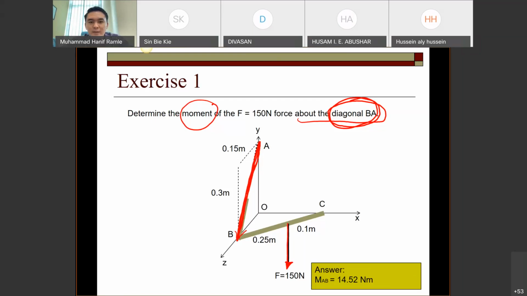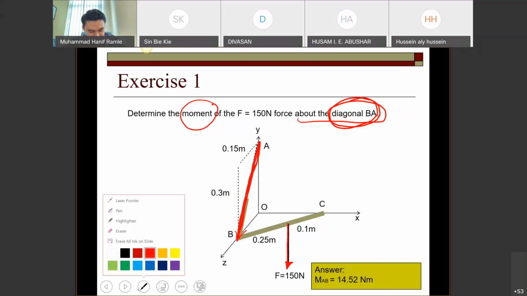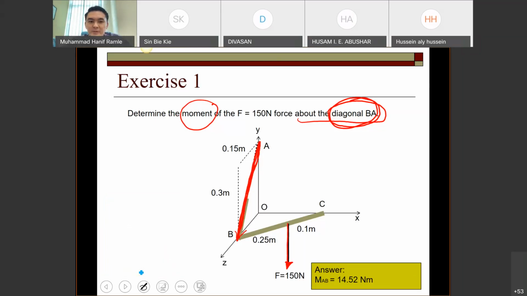Yes. Where is the R actually? Again, I ask you. Where is the R? From where to where? From A to F or B to F? Is it like that? Yes, correct. But F, where is F?